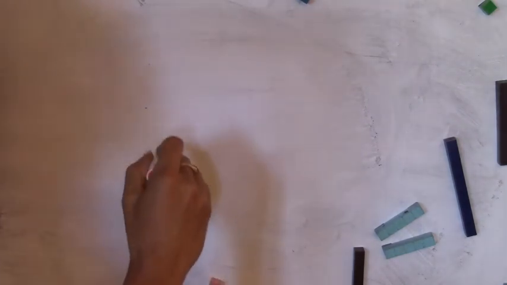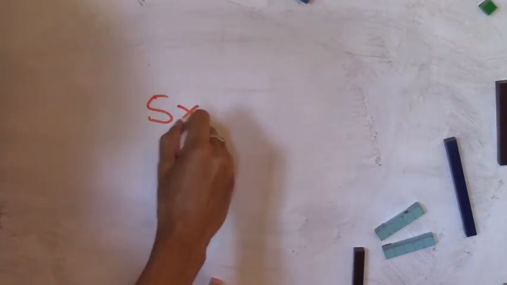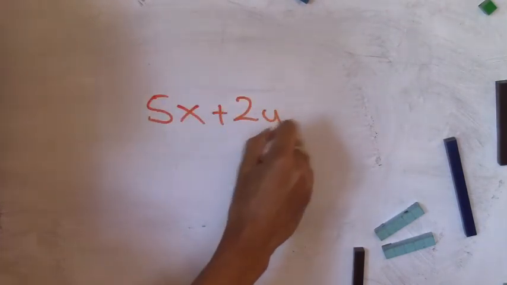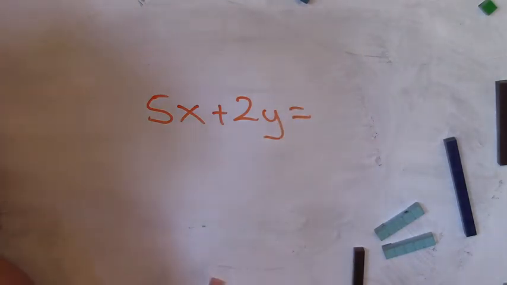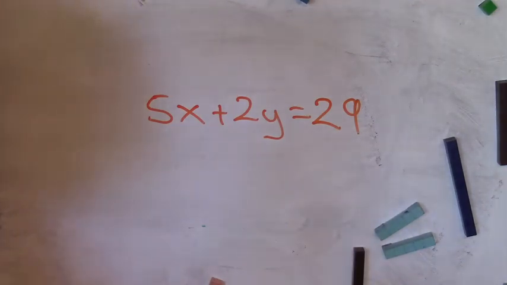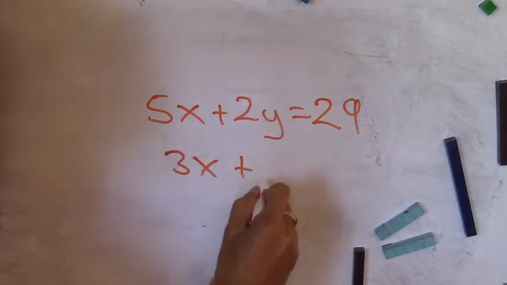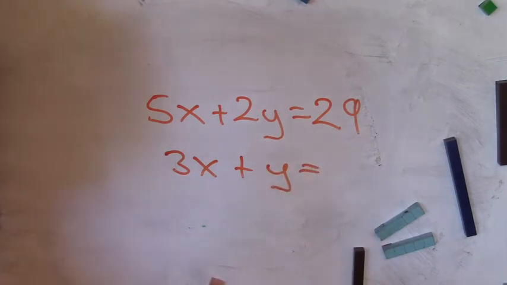Let's get a little bit bigger, just a little bit bigger. Let's do 5x plus 2y is, let's see here, 29. And then over here, 3x plus y is just going to be 17.